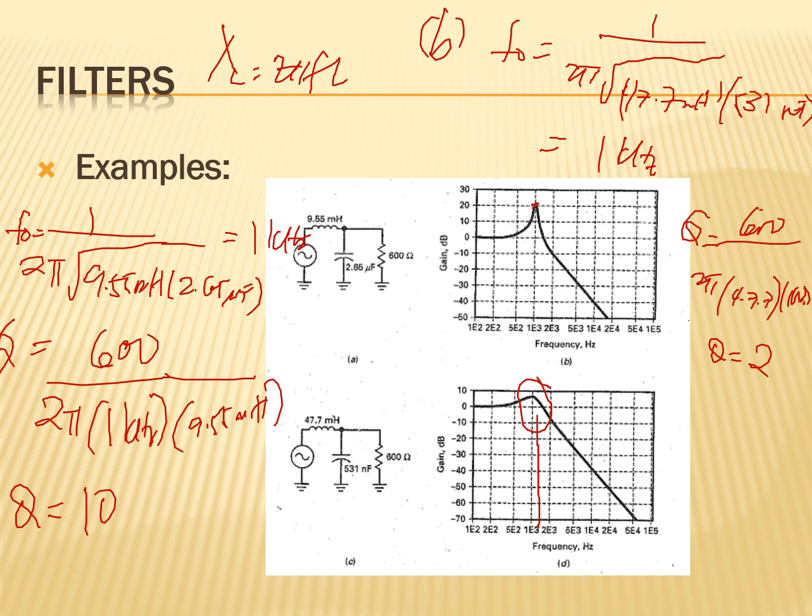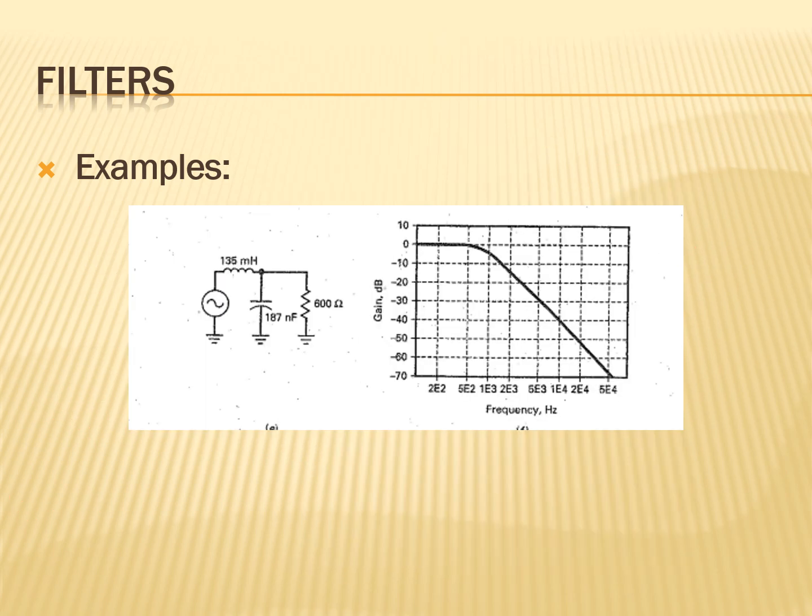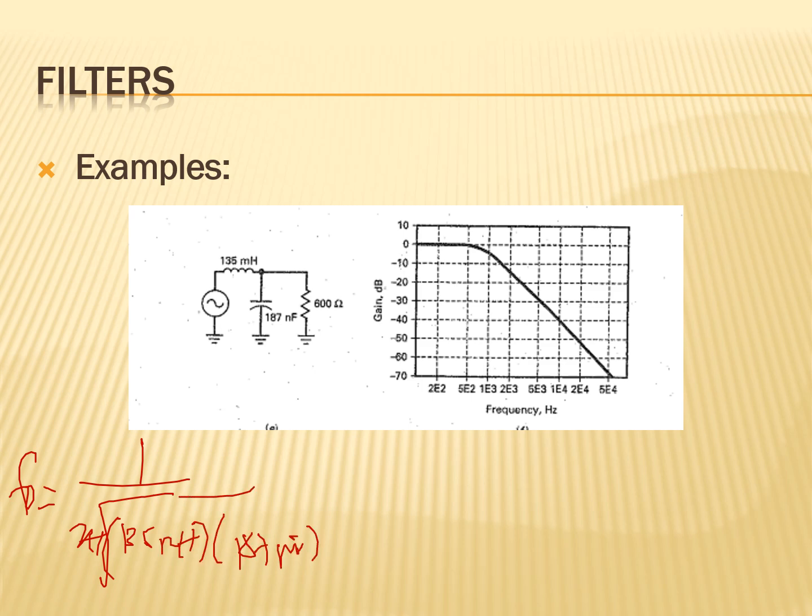Okay, so we have here another one. If we continue to decrease our Q by increasing again our inductance, this is square root of 135 millihenry times 187 nanofarad.